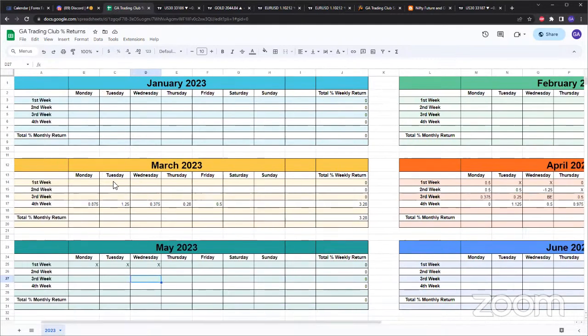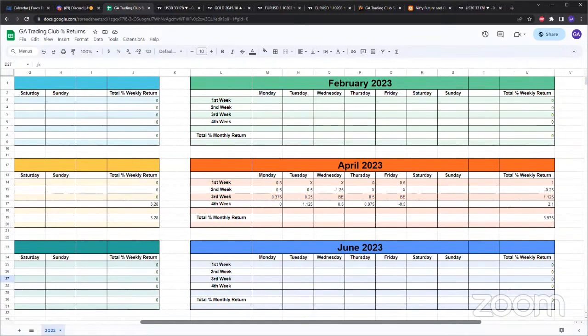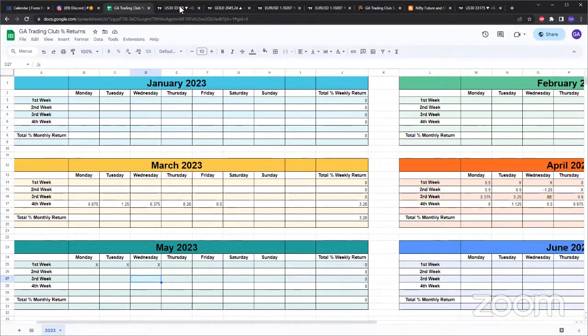Since we started recording the results, which was the last week of March, the last week of March alone had a 3.28% return. So ideally it's just steady growth, waiting on perfect entries.